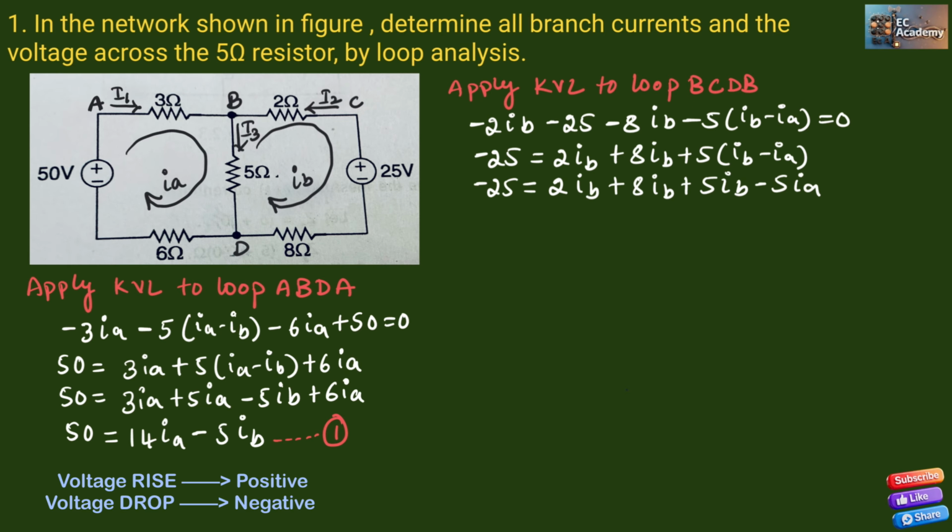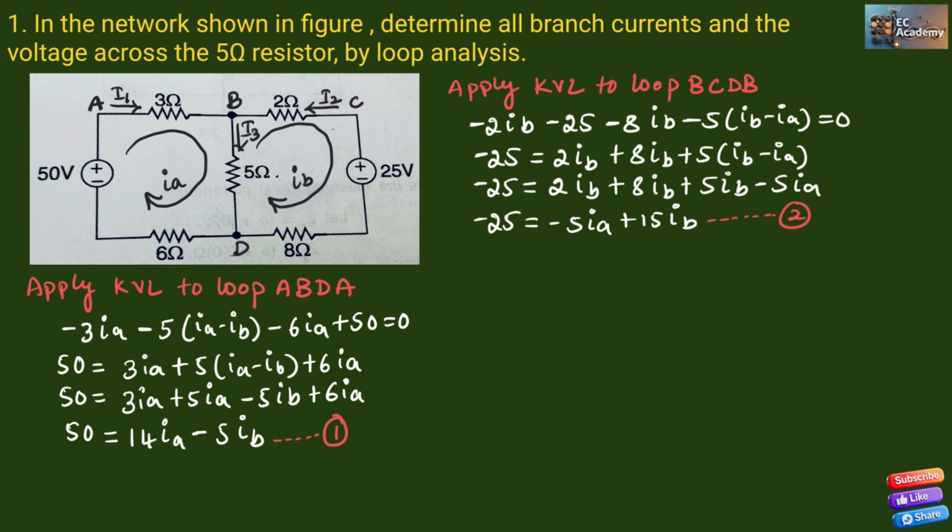If we rearrange the terms, we get minus 25 is equal to minus 5IA plus 15IB. Let us take this as equation number 2. Now we can solve equations 1 and 2. You can solve these equations using a calculator.